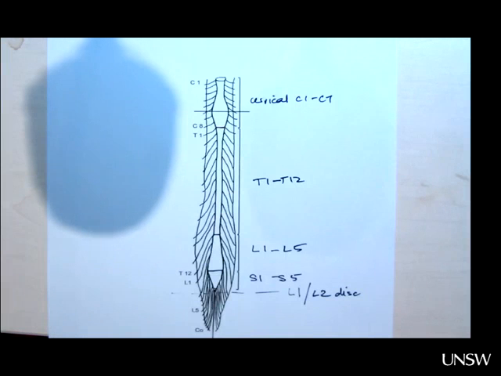So the cervical enlargement is the area where the nerves for the upper limb arise from the spinal cord, and it's made up of the C5 to T1 segments, because those are the spinal nerves that will supply the upper limb, okay? The lumbosacral enlargement exists for the lower limb nerves, and again we've got a much bigger amount of grey matter there, and this is where the typo is.